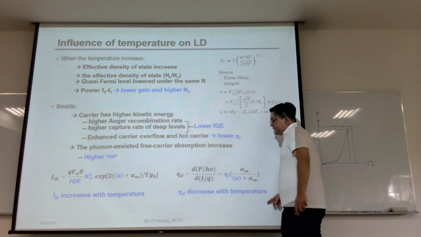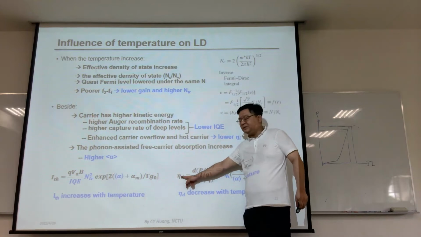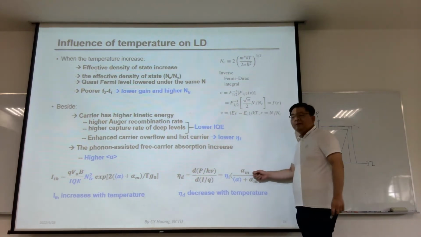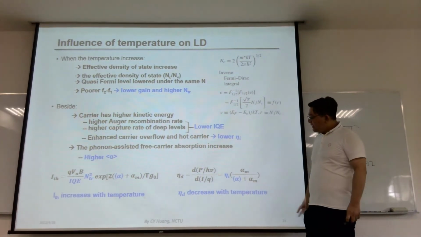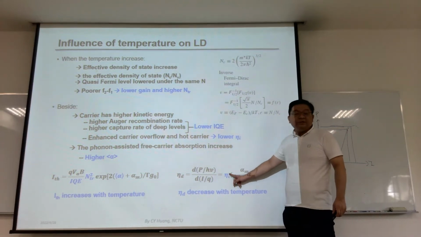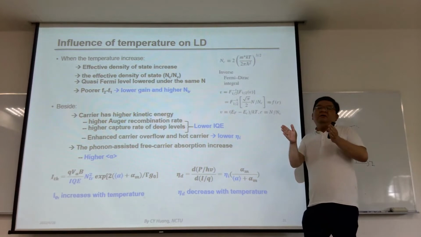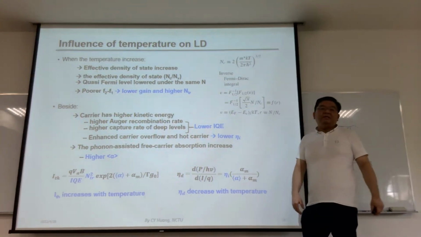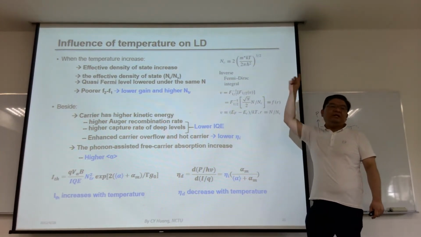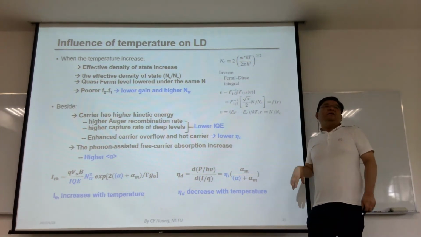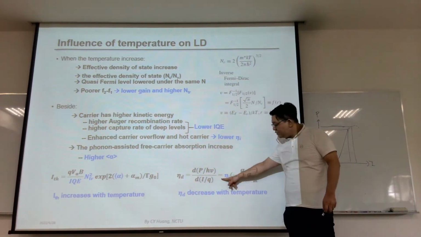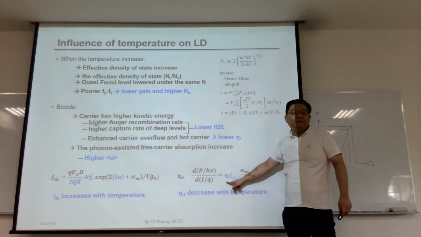And we see the differential efficiency. Alpha probably has no big change. But in fact, because the current increases, the electrical confinement design will be weak, since you have lots of electrons at a higher energy tail. So the injection efficiency also weakens.